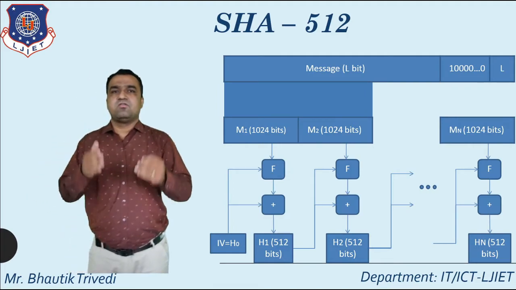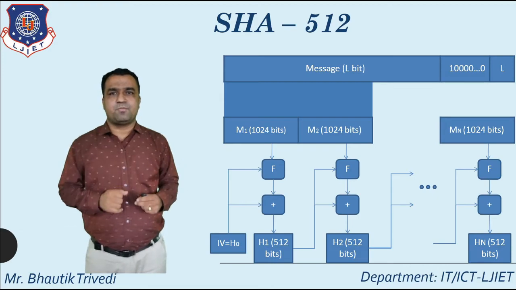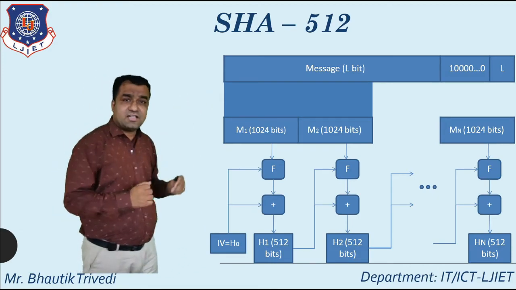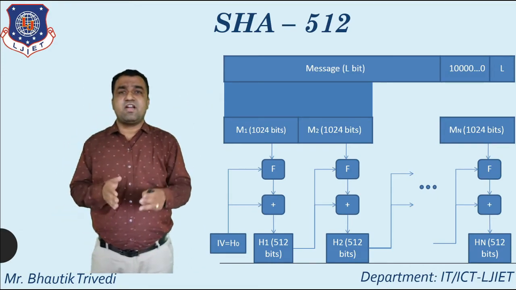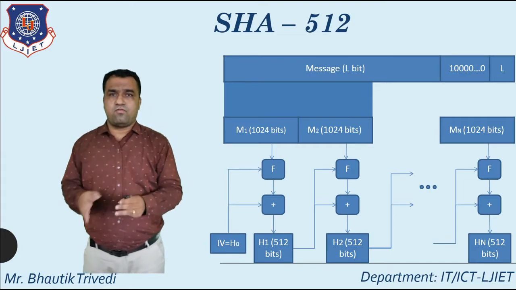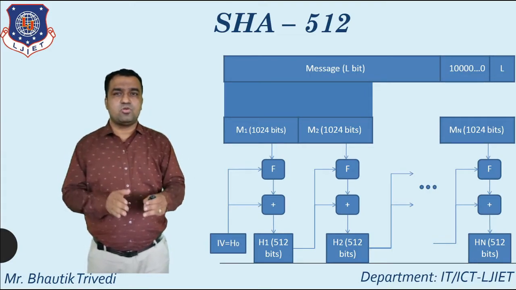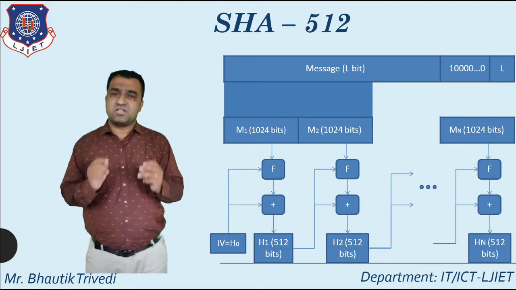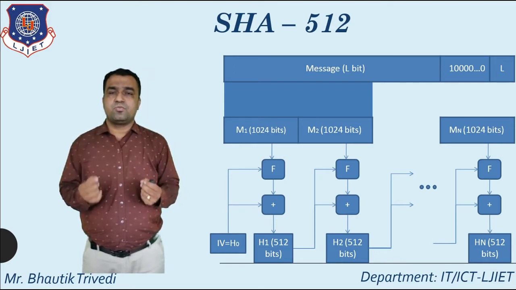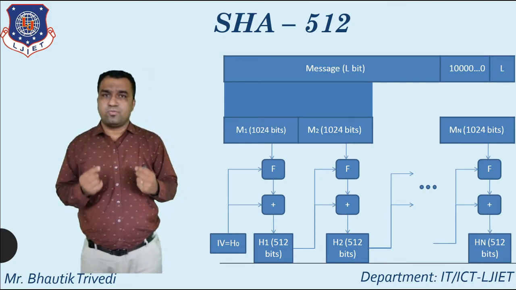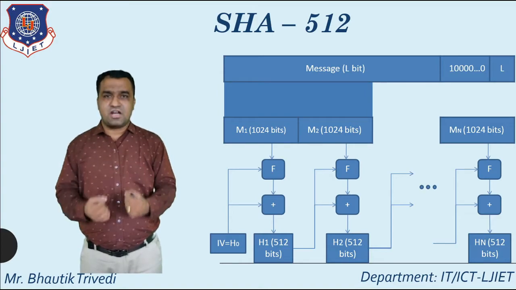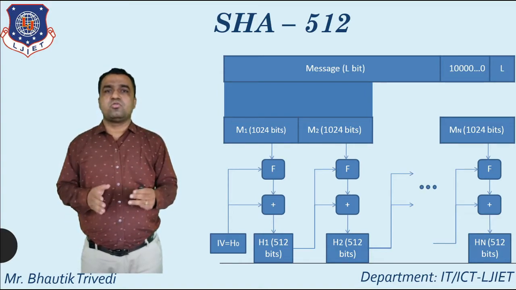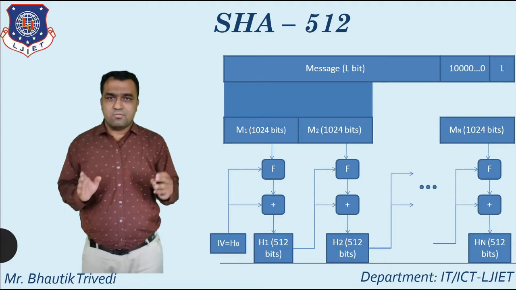After that, the message, padding and length are divided into groups M1, M2 up to Mn. Remember one thing: here you are processing 1024 bits and retrieving 512 bits as output.